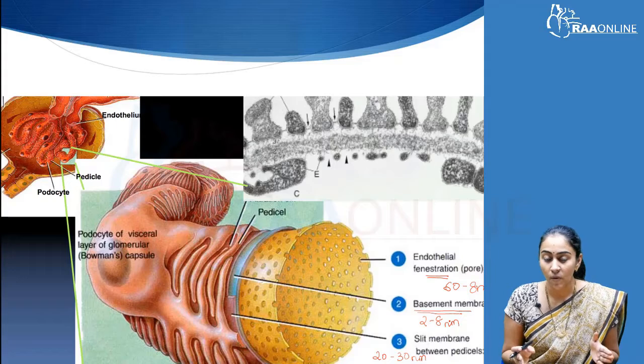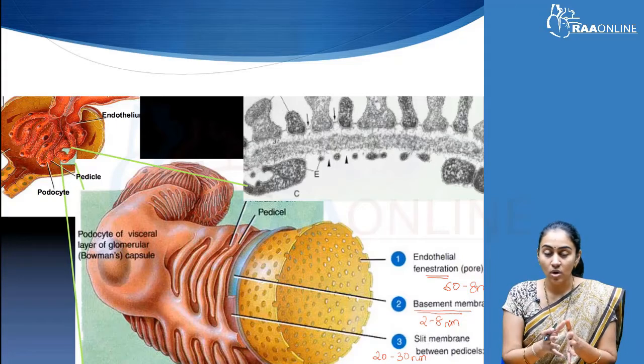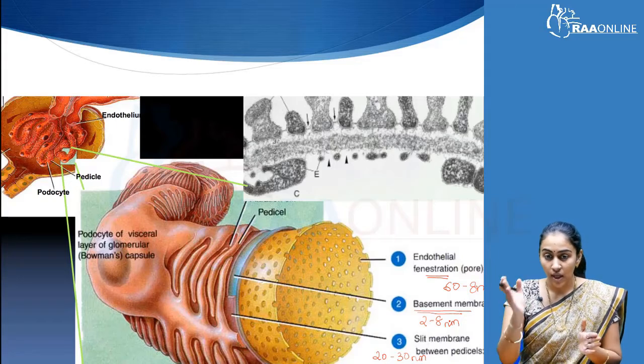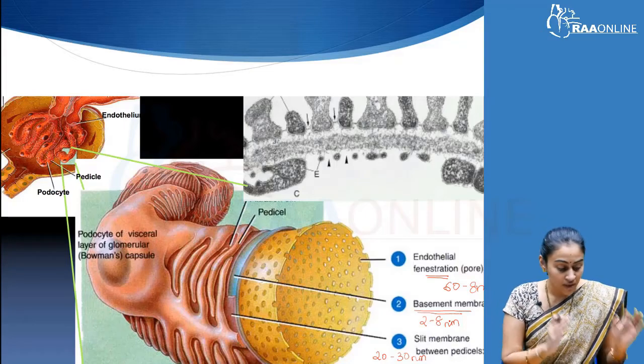So these three components together constitute the glomerular filtration barrier: the endothelial layer, the glomerular basement membrane, and the podocytes with the foot processes.